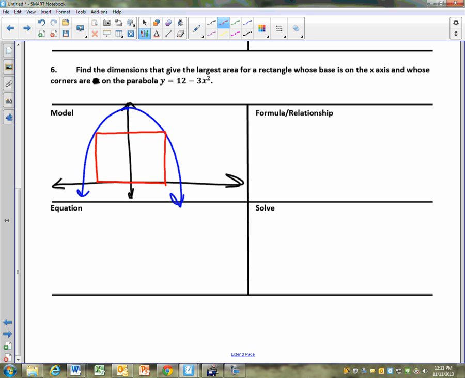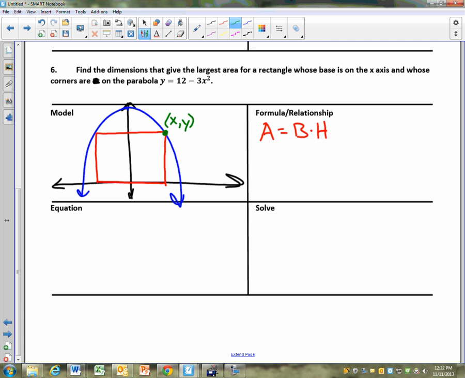Maximize the area. So area is equal to, in this situation, base times height. And what we're going to try to do is express the base and height in terms of just one variable.